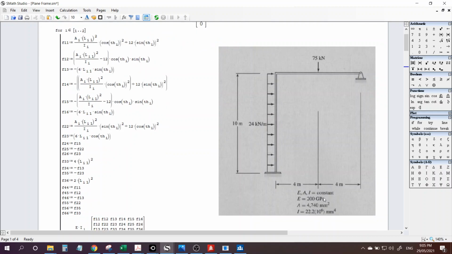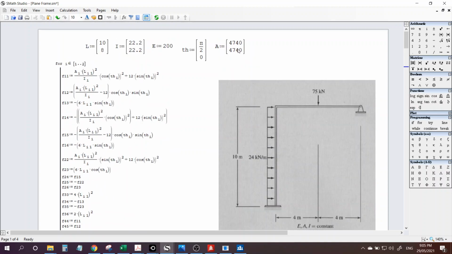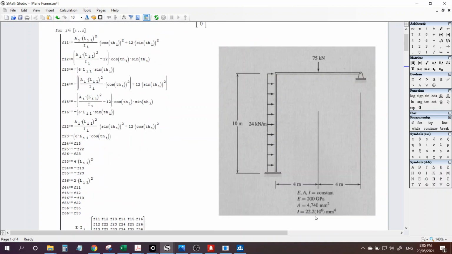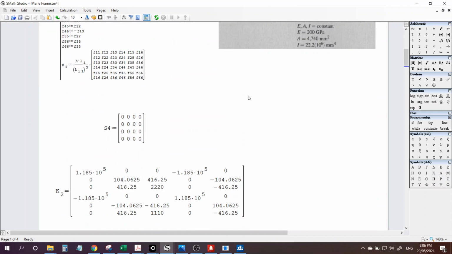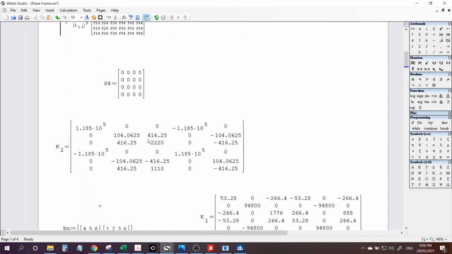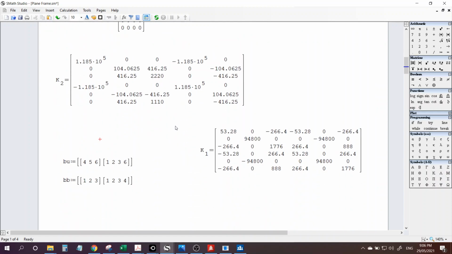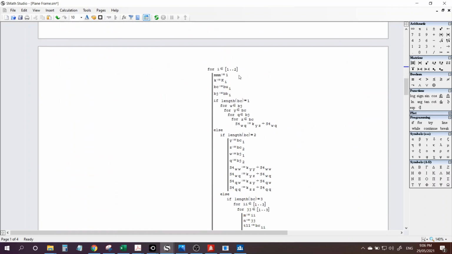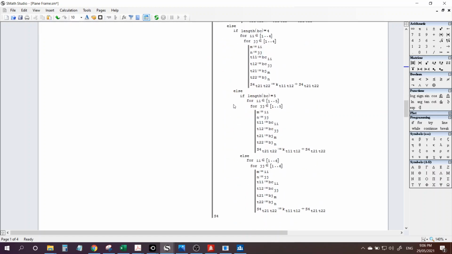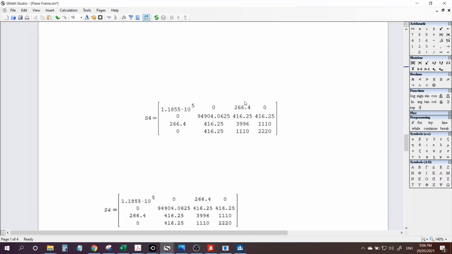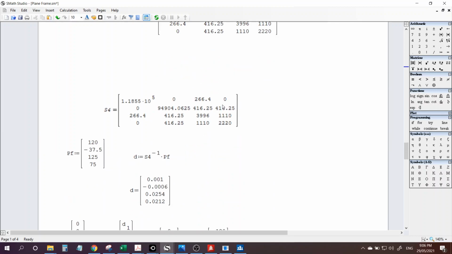Then 4740 is here, and inertia 22.2. Then 10 meters, 8 meters. Of course, member 2 will have 0 inclination, that's why this is 0. So this is my code for generating the stiffness matrix.